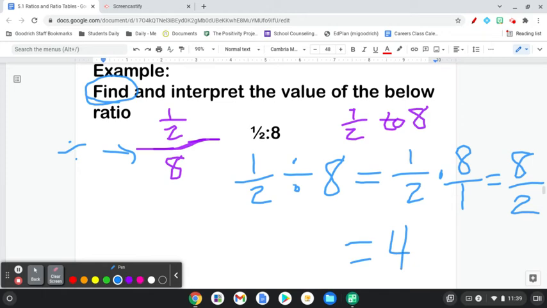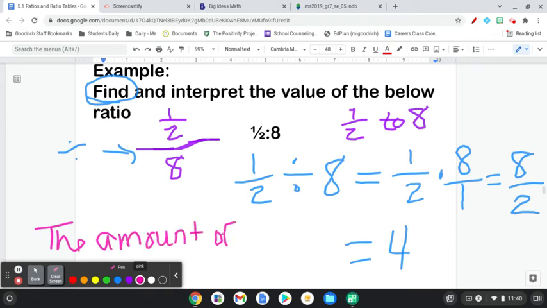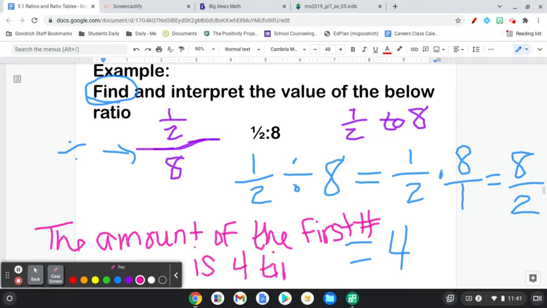So the value of this ratio is 4. What this really means is the amount of the first number is 4 times the amount of the second.